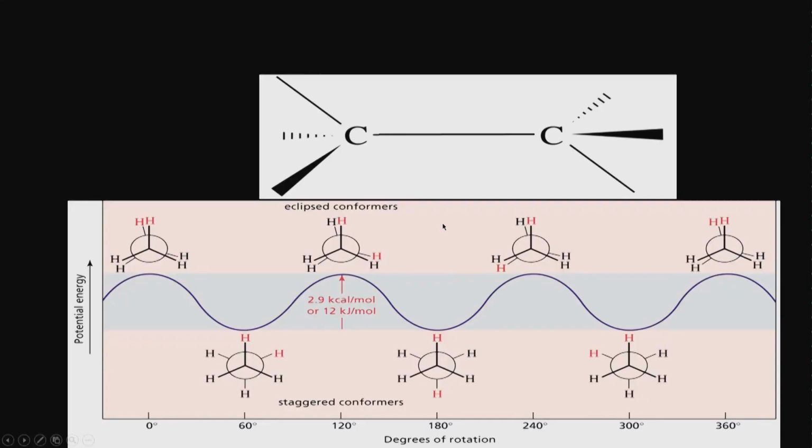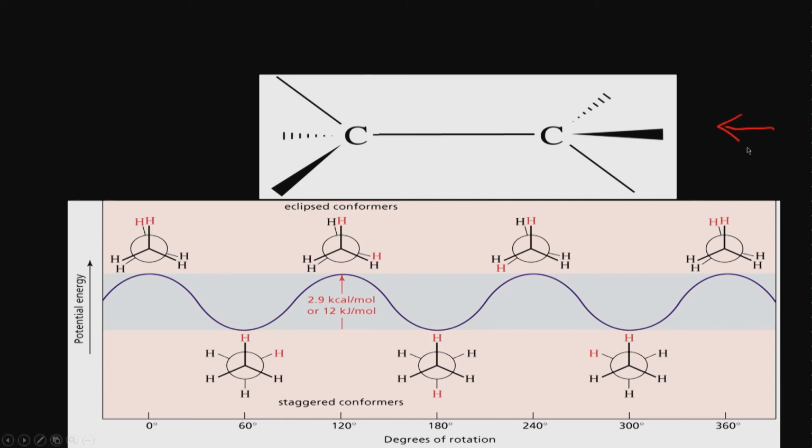Let us look at ethane, for example. 2 carbons are there, and you have hydrogens. One hydrogen could be sticking out, one hydrogen could be going back. So, it can take many different conformations, depending on the way you look at it.